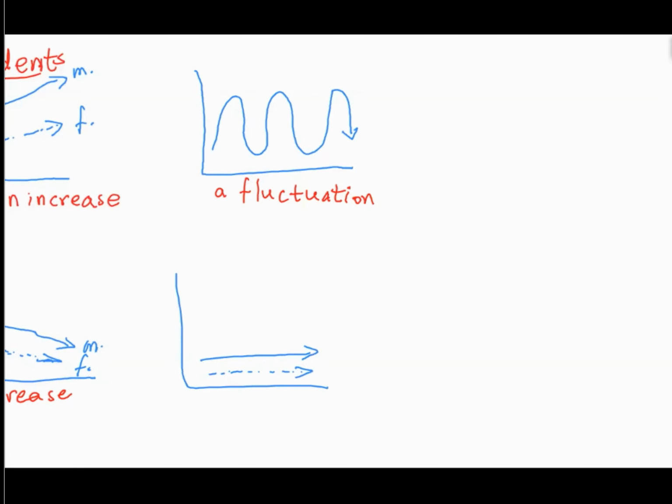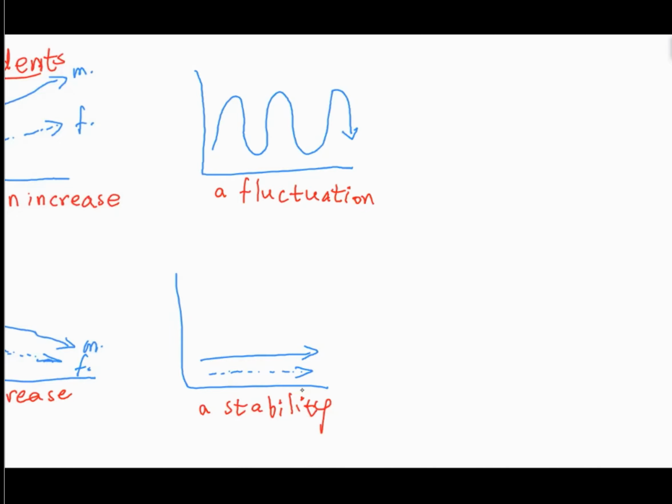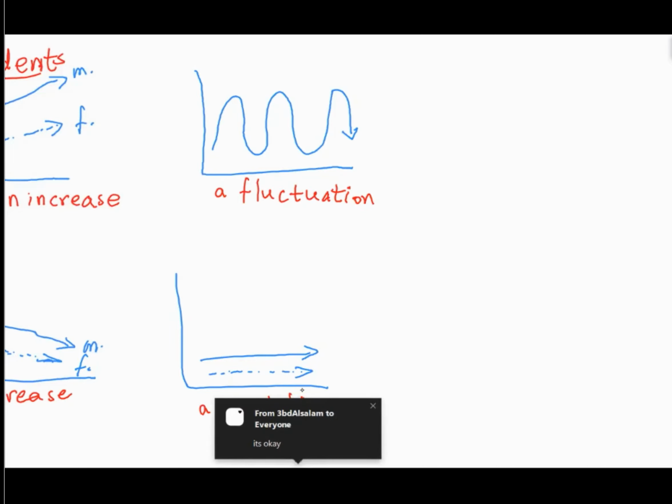And here, steady, being steady or stable, or there is a stability. Excuse my handwriting because I am facing really a difficulty to write on the screen. It looks like a first grade student handwriting. Okay, so here it shows a stability.